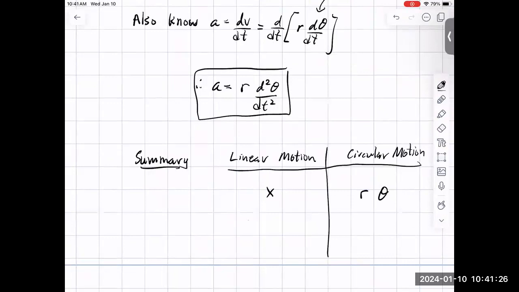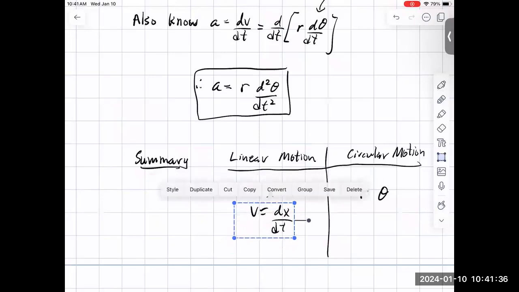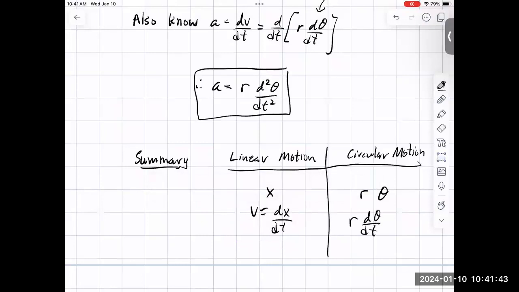For linear motion, we had v is dx dt. And for our circular motion, what we're going to have is r times d theta dt. So the circular motion coordinate is theta. And so theta would be angular position, the angular speed would be d theta dt.